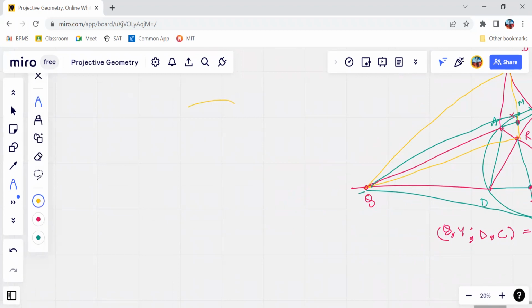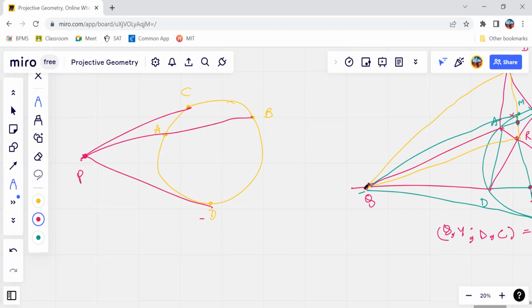So we're supposed to look at what is called a harmonic quadrilateral. Let's say I'm changing the order so it's easier to see. You pick 4 points A, B, C, D, and you draw the tangents to the circle at C and D. Suppose they intersect at P, and suppose P, A, B are collinear, then we say that this quadrilateral ABCD is harmonic.